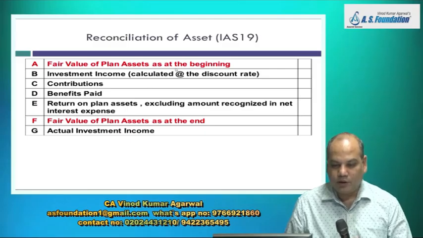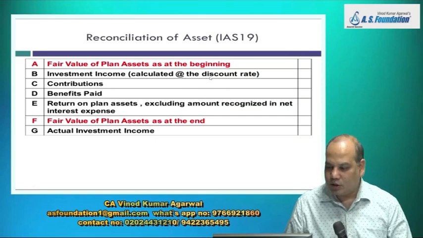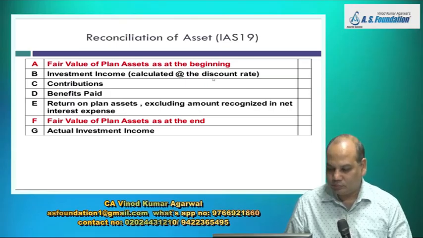Point B, write down investment income, in bracket calculated at the discount rate. That means the discount rate multiplied by this fair value of plan asset.